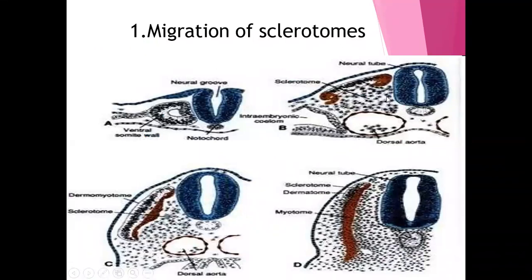Now these cells are going to arrange themselves around the neural tube as well as the notochord, progressively advancing toward their mature form. Here they are scattered. Here they are slightly collected or condensed. And now in this slide, you see they are covering the neural tube as well as the notochord.